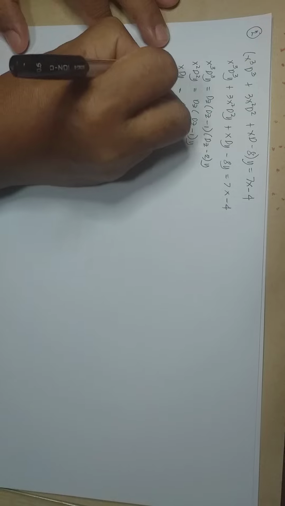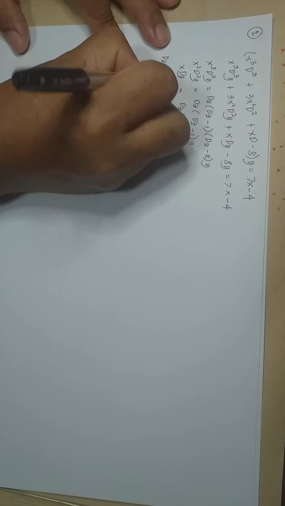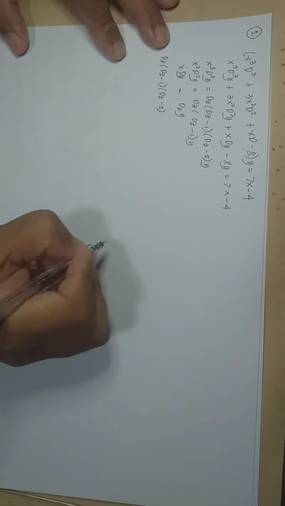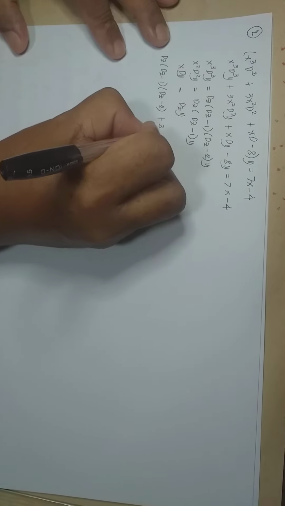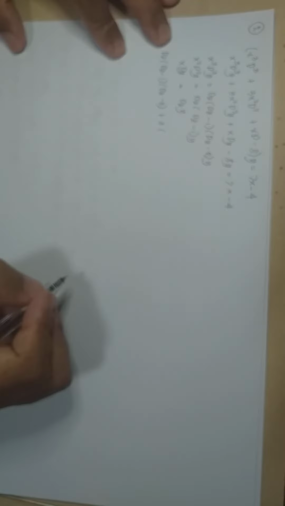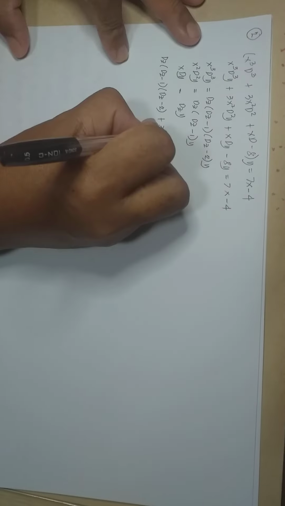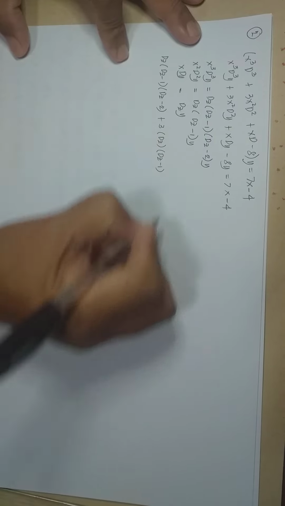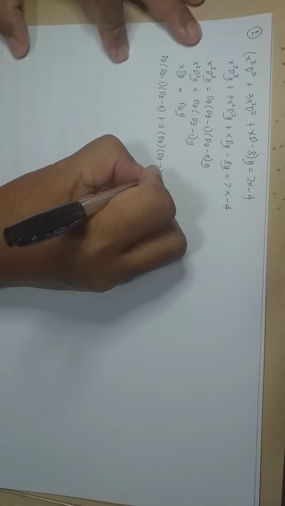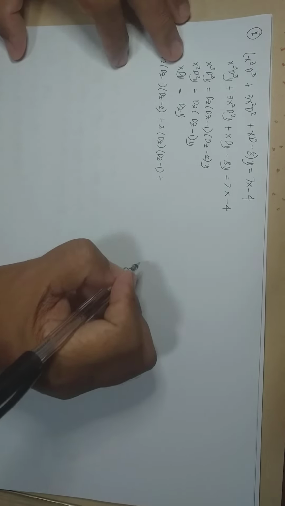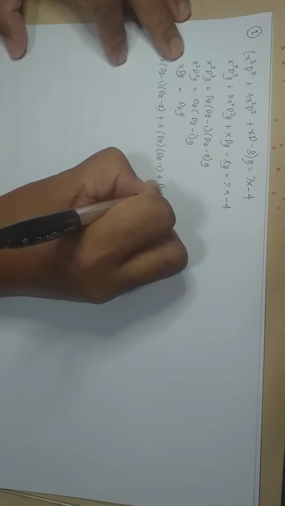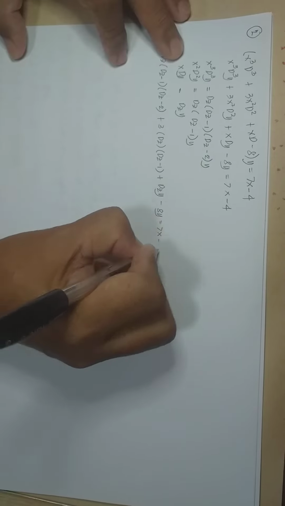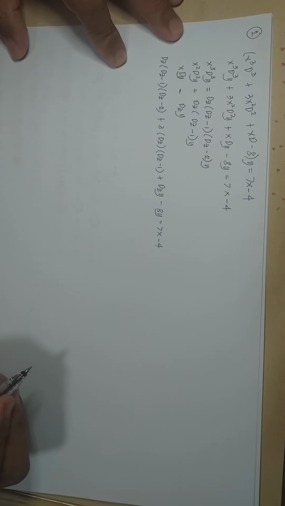So substituting this in the original equation, we'll have Dz times Dz minus 1 times Dz minus 2, plus 3 times Dz times Dz minus 1, plus Dz y, minus 8y is equal to 7x minus 4.